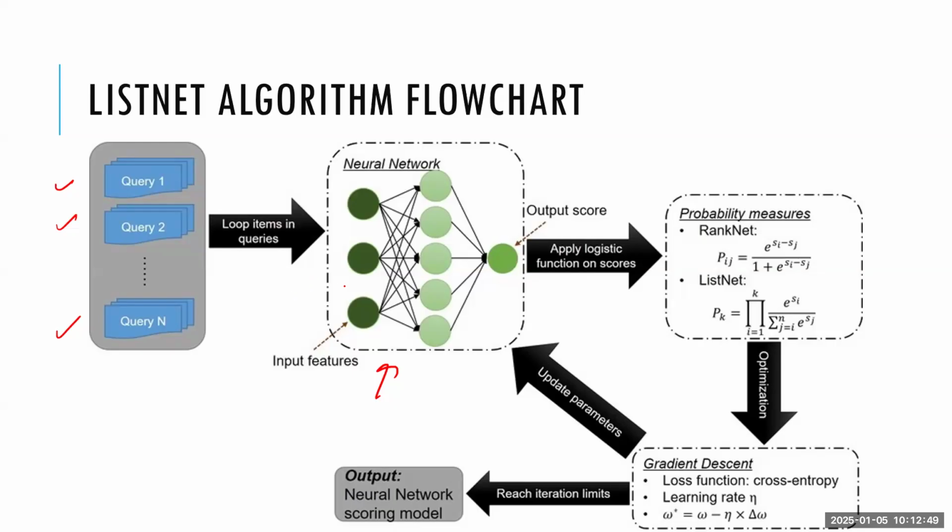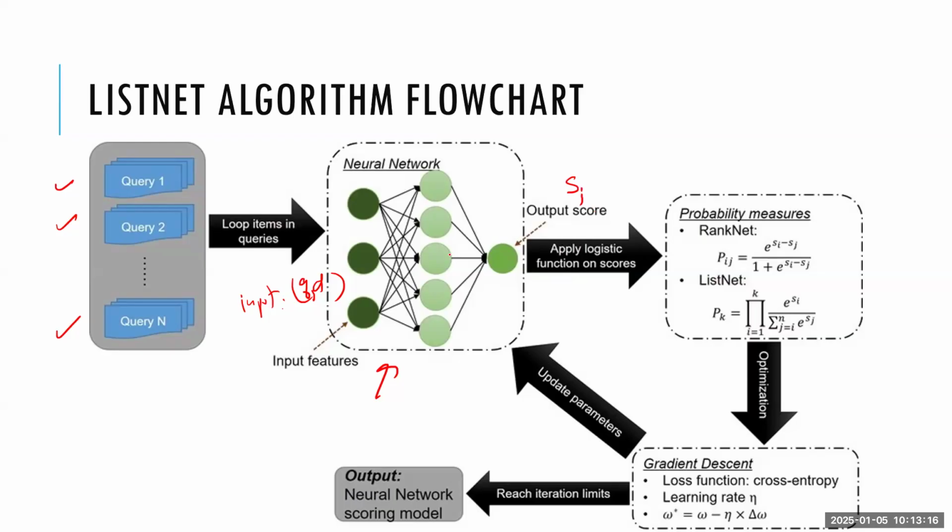So the input here is going to be the query document, and then it passes through some network, and then you get the output, right? Basically, it's the sj, the score.